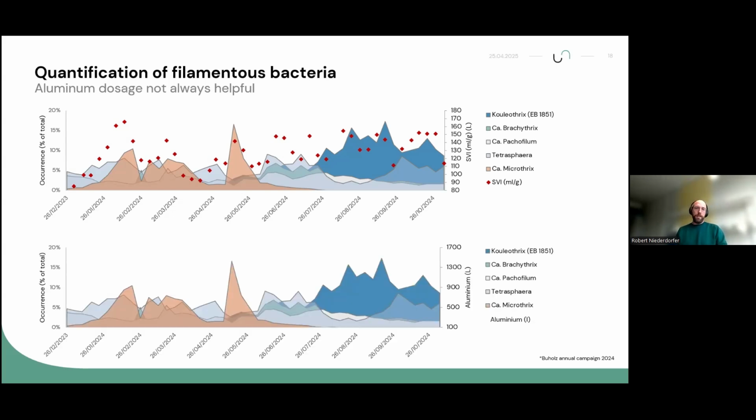The problem now is that adding aluminium here affects the Microthrix very well. However, in the second half of the year there was no Microthrix. They still had problems with the sludge volume index, and the aluminium did not help at all. So they spent around 25,000 francs on aluminium that was not necessary.